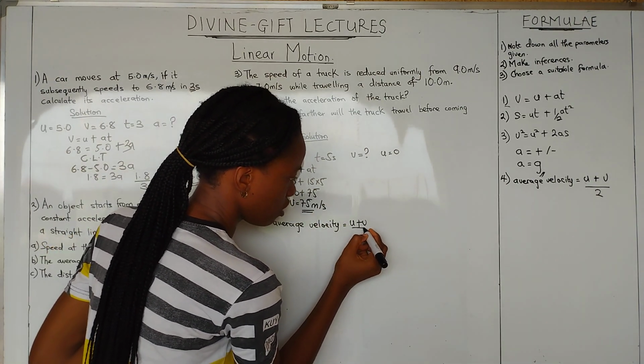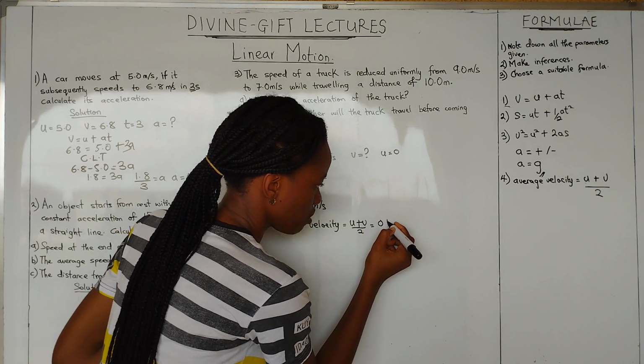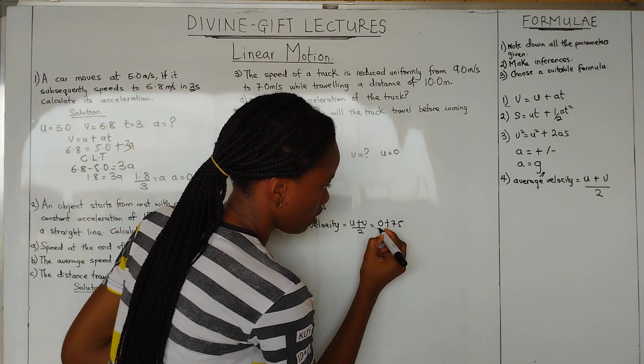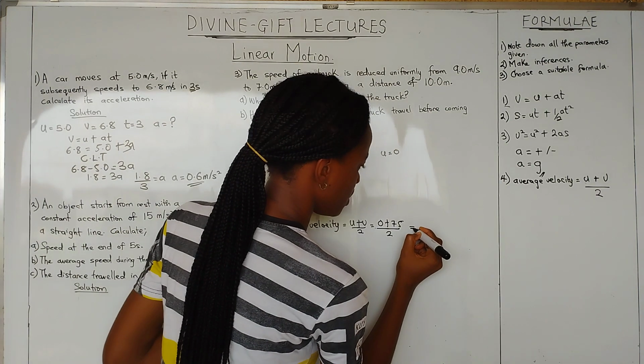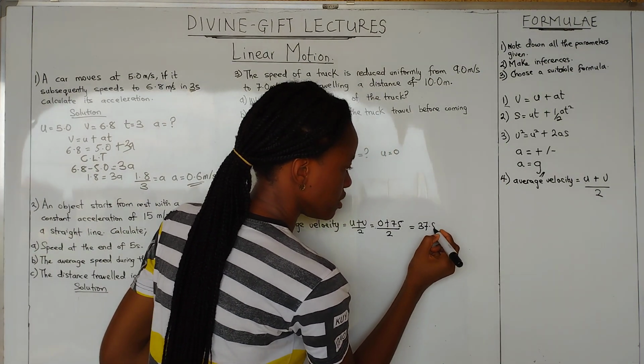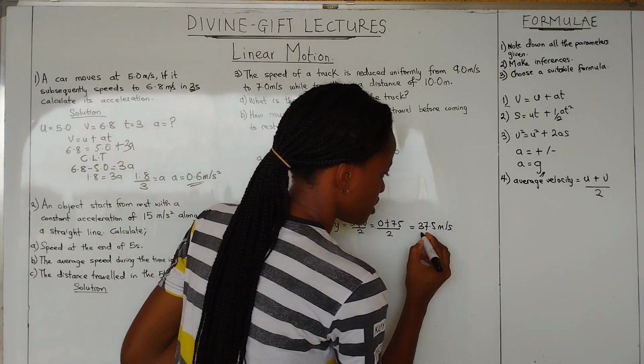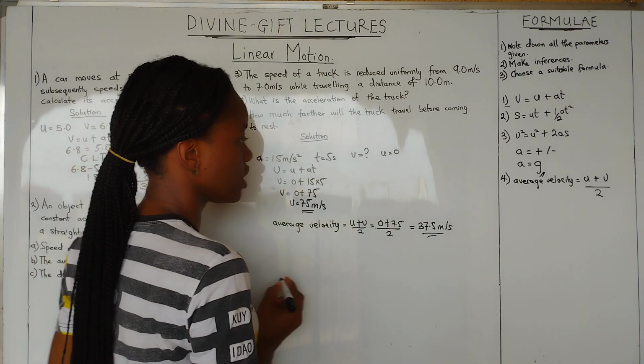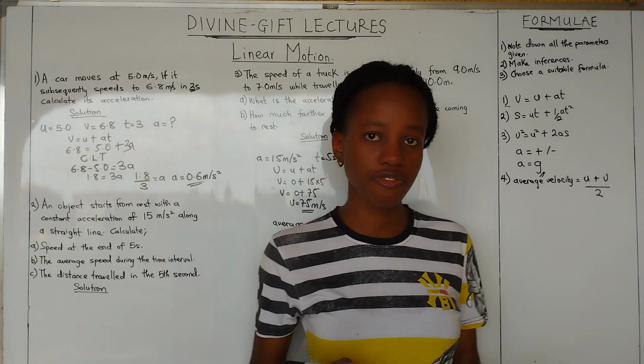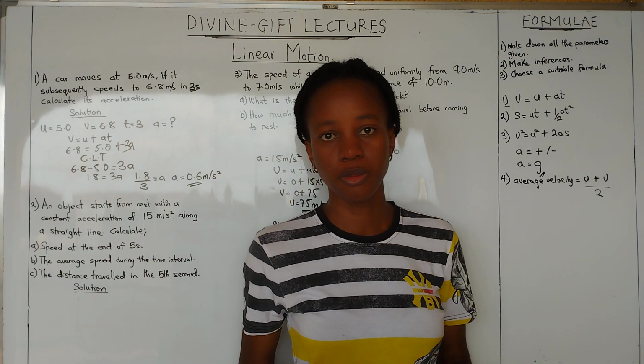U plus V all over 2, which is equal to 0 plus 75 all over 2, and this will give us 37.5 meters per second. So this is the answer. So anytime you want to solve questions on average velocity, you just use this formula.